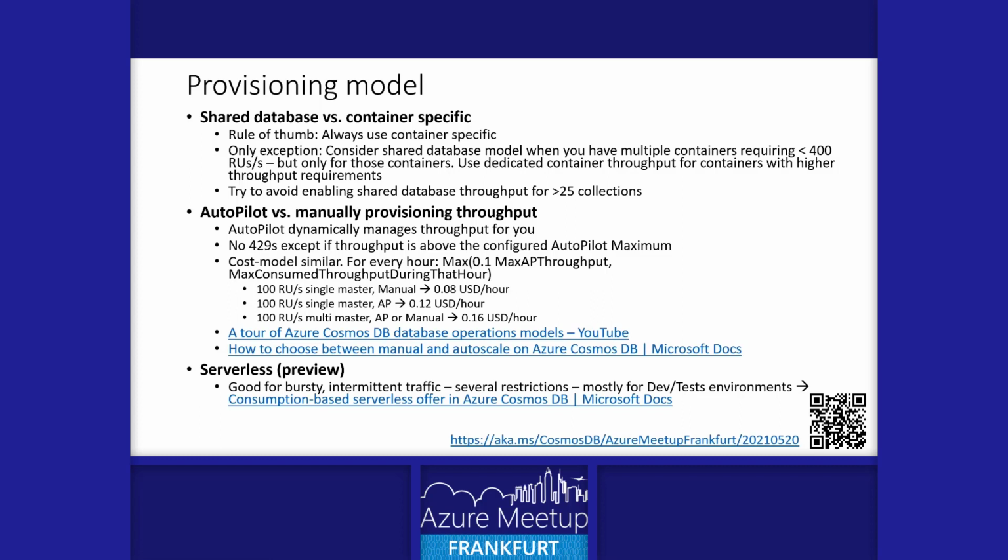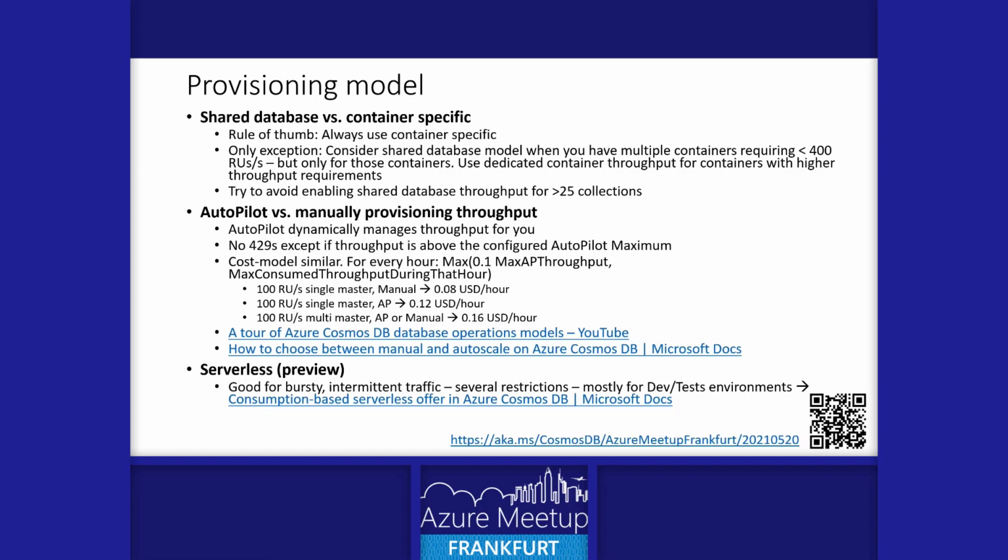So we came up with this autopilot offer, which basically can dynamically scale the throughput that's provisioned and that you need to pay for. You basically only define a maximum throughput that you would allow, and you don't want to ever exceed that throughput. And between 10% of that maximum and the maximum, we can dynamically scale the throughput that's necessary. And then whatever the highest throughput in the interval of an hour is what you would get charged for.